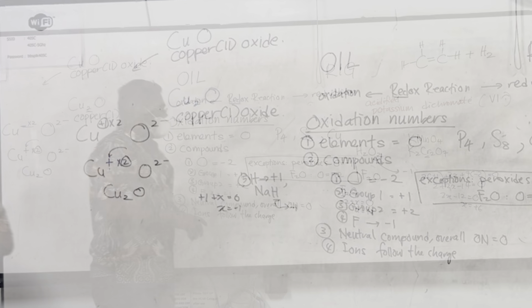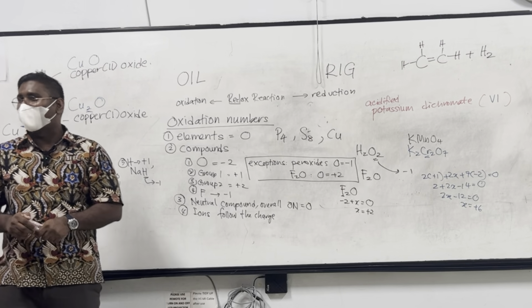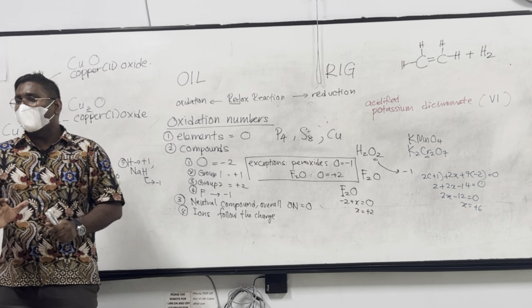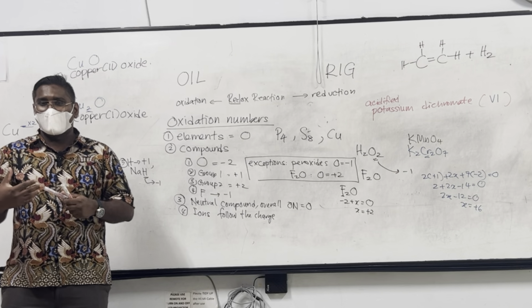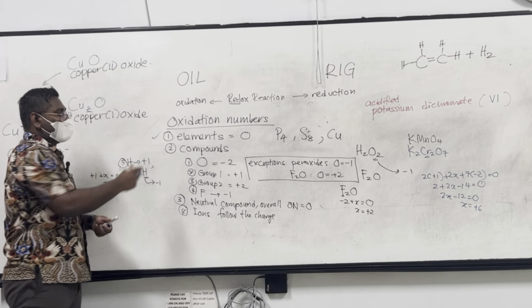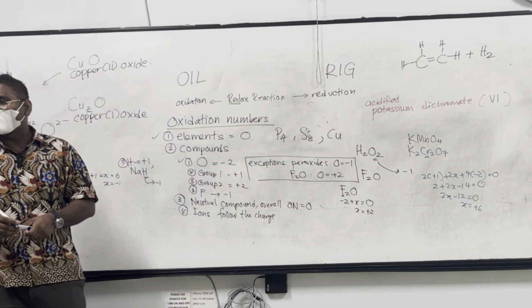Okay. Now, so generally these are some of the common rules. I think it's enough for you to know. If I want to know what is the most important rule over here, the most important rule is elements is 0. Oxygen is always -2.